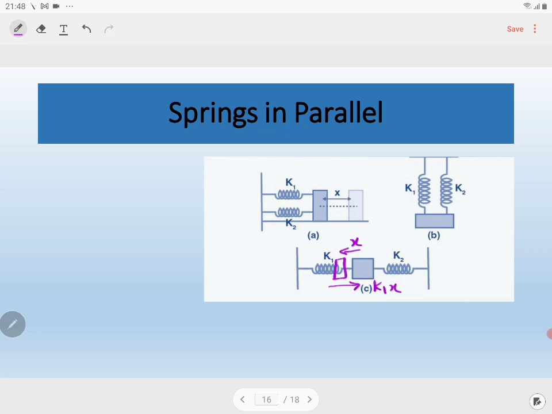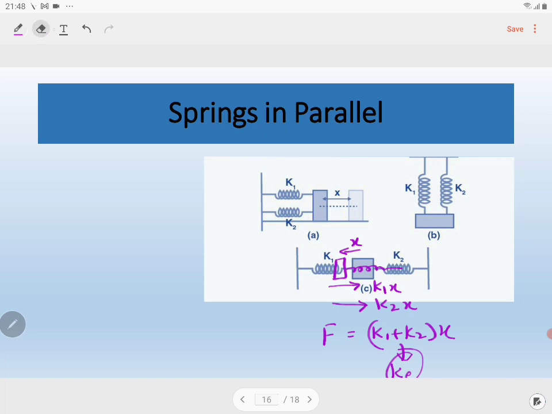Now the second spring will get elongated. Since it gets elongated, it will pull the block towards it. So that pulling force also will be towards right. Now the total force acting on that block will be K1 plus K2 times x. So this is the effective spring constant, K1 plus K2. So that's why they are in parallel.